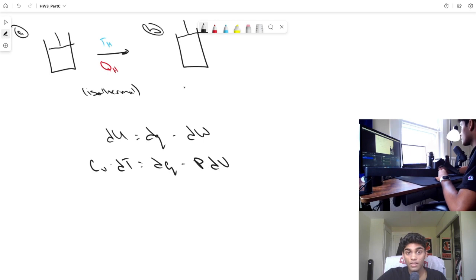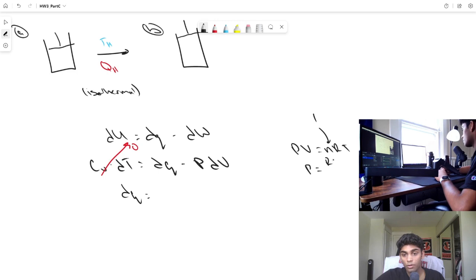Now, since we said that this is an isothermal system, we're going to set this side equal to 0, and we're going to bring this term over here and set them equal to each other. So in the end, we have dq is equal to P dV, and for this P here, we can use the ideal gas law, PV equals nRT. We're going to assume 1 mole, so P is equal to RT over V. So this is going to be equal to RT over V dV.